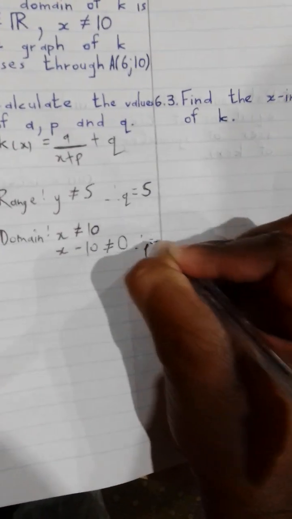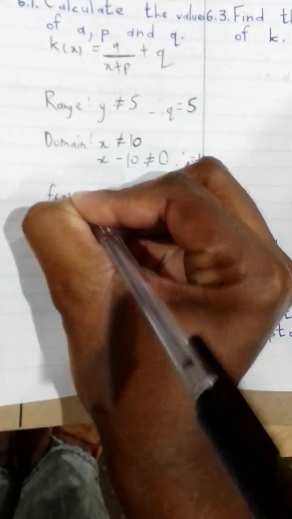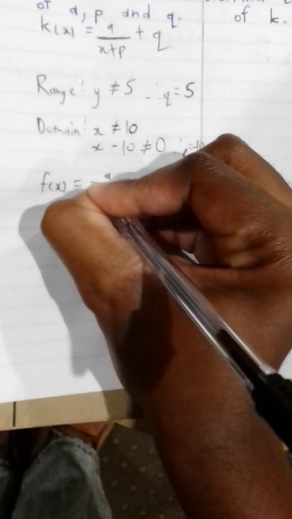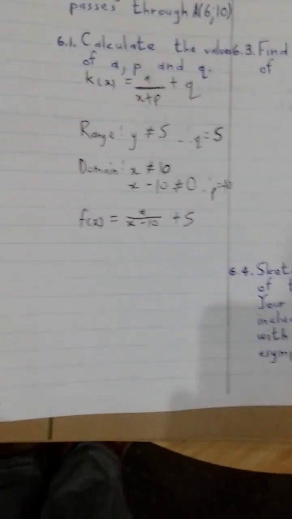P is negative 10. So a over x plus negative 10, so it's just x minus 10, then plus 5.